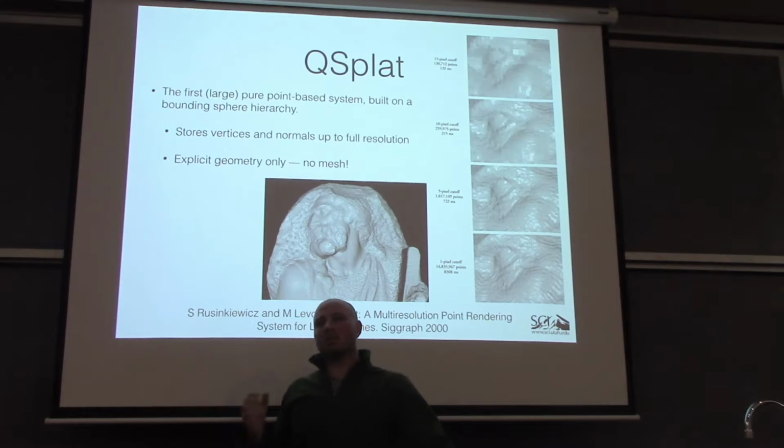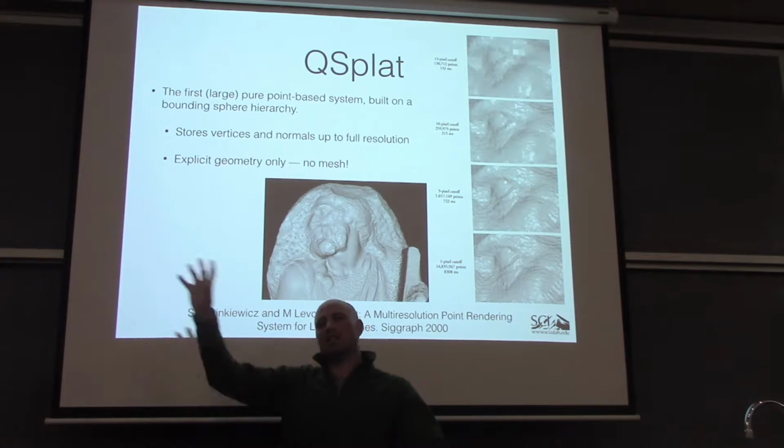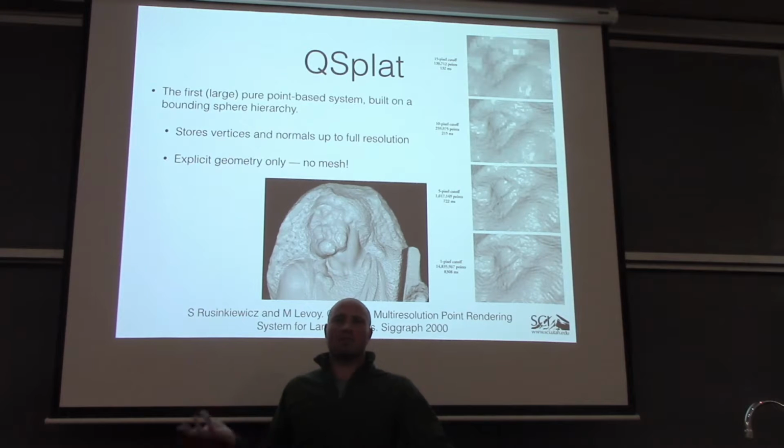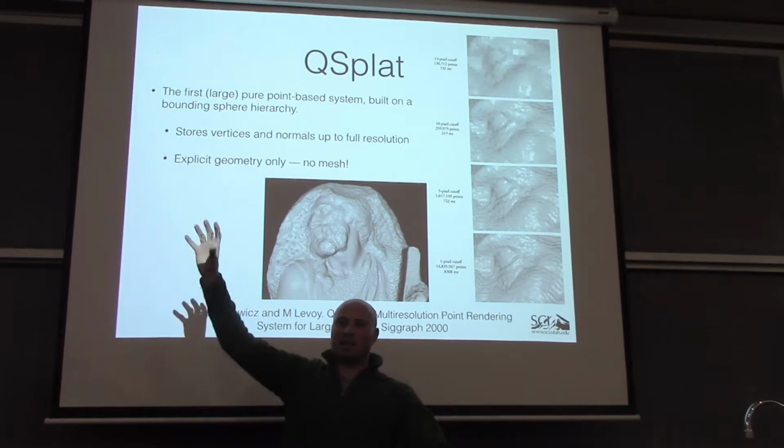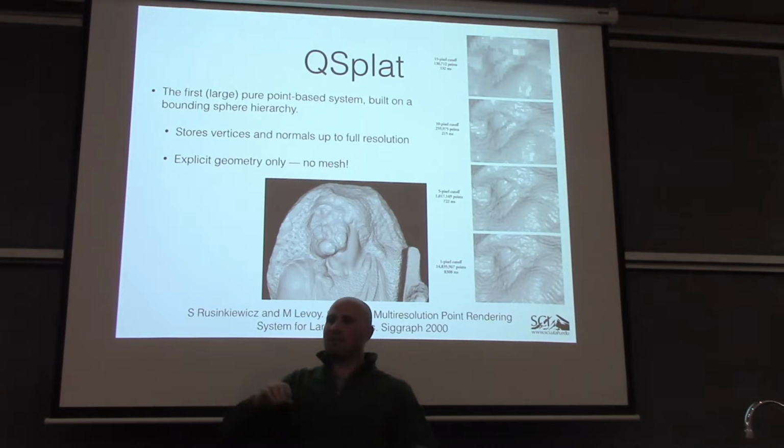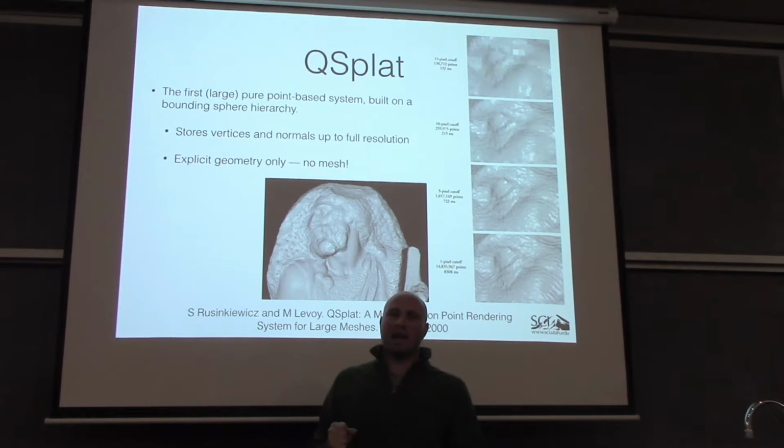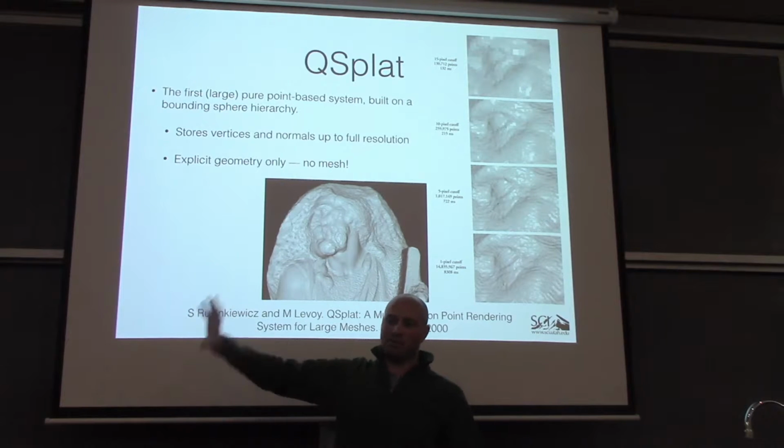In a sense, this is not really a scalar field anymore because they were starting with points without value. But they still wanted to have a way of interpolating them, really extrapolating them, discarding outliers. And in a sense, the Q-splat bounding sphere hierarchy itself ended up being an implicit resampling of that original discrete data.